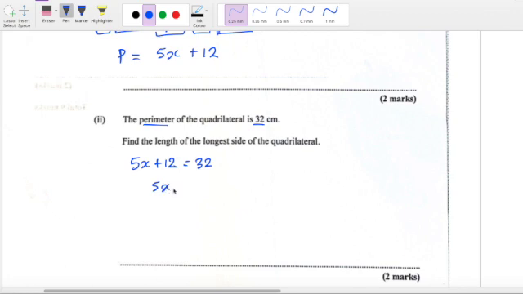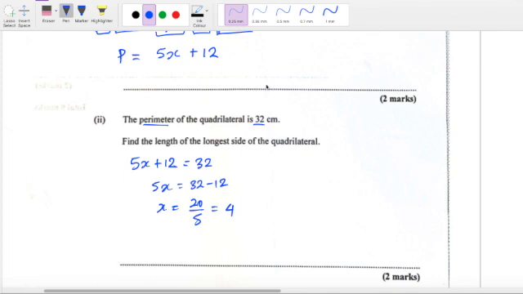So 5x is going to give us 32 minus 12. X will be 32 minus 12 is 20 over 5, which is 4.